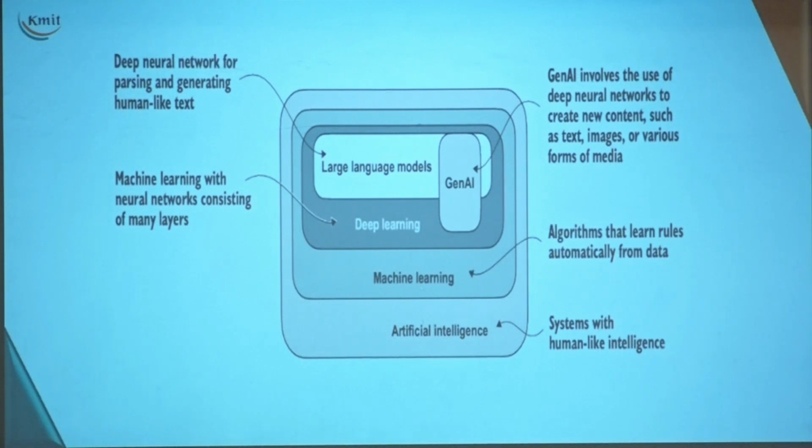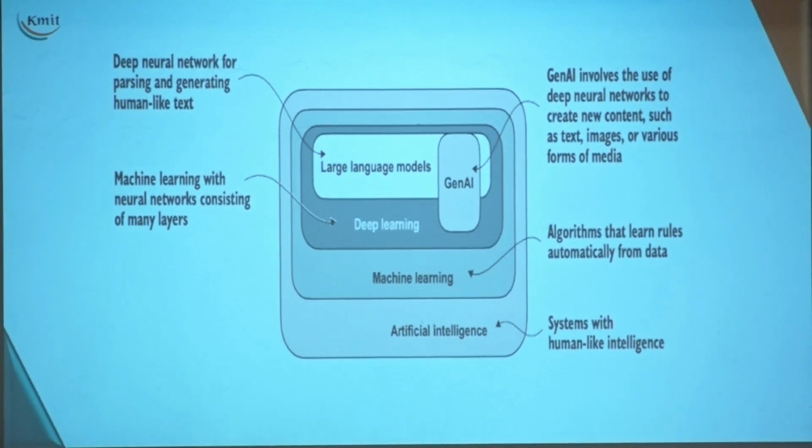They are also deep learning neural network models for parsing and generating human-like text. When we want a model to act like a human and understand text like a human, we go for the next level of models, called large language models, which are again a subset of deep learning models.